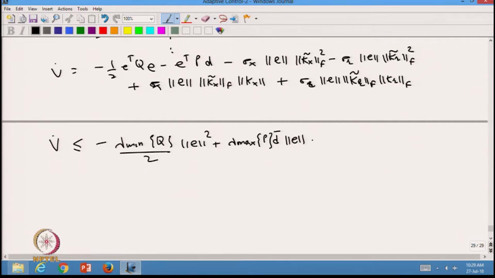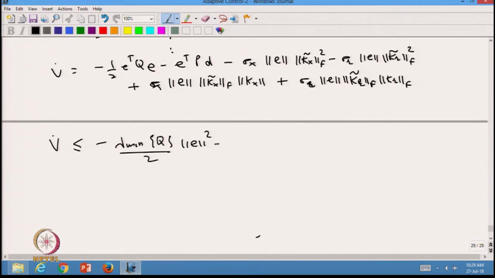Okay, and then let's also collect similar terms. Let's move this term to the end, and let's have the negative terms in the beginning. That helps us in figuring out what terms are negative and what terms are positive, so that we can dominate the positive terms with negative terms.